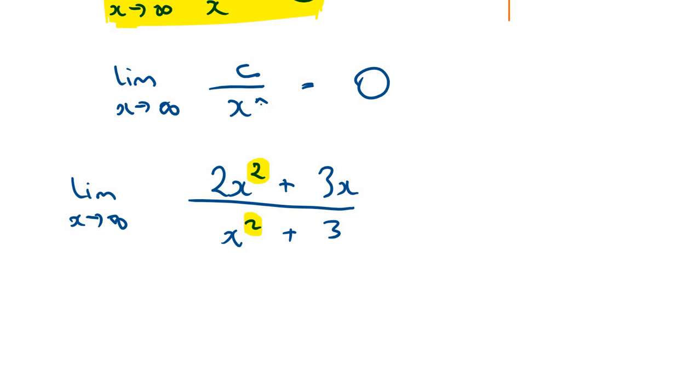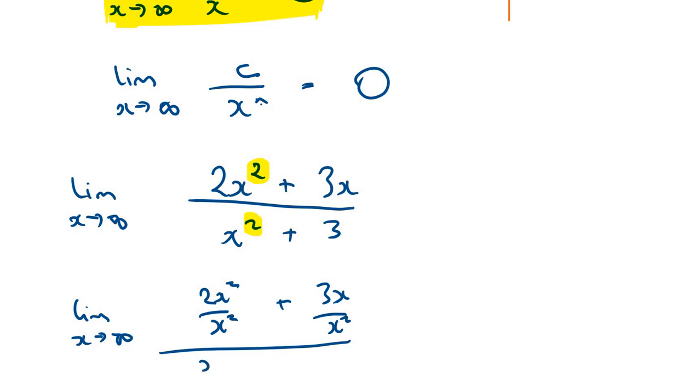In this case, the dominant term here is x squared, so I'm going to divide everything by x squared. So this limit then becomes, as x approaches infinity, 2x squared over x squared plus 3x over x squared, all divided by x squared over x squared plus 3 over x squared.